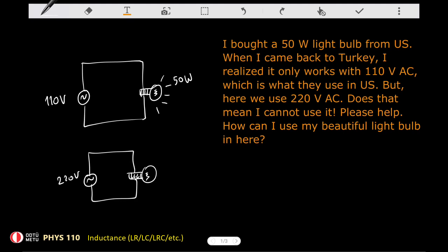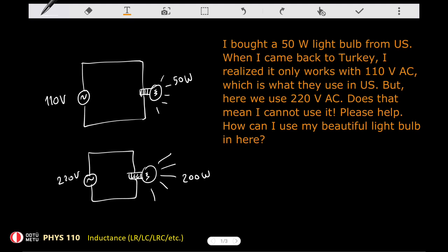Since the power depends on the square of this potential difference, you would expect 200 watts of power to go into the light bulb in such a situation. So if it lights up, it should be at least 4 times brighter than the normal brightness that it should have.